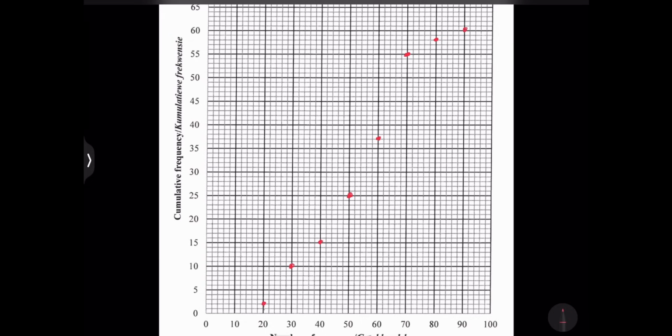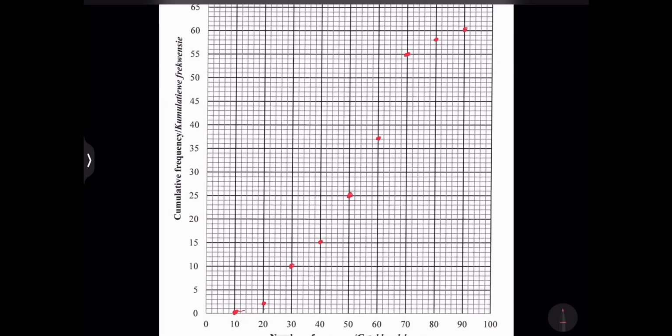Remember, what you do is you go one value lower, and in this case, my lower bound is 10. So we make that our x-intercept. Please try and draw this as smooth as possible.